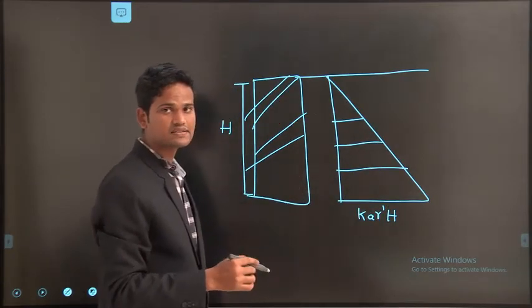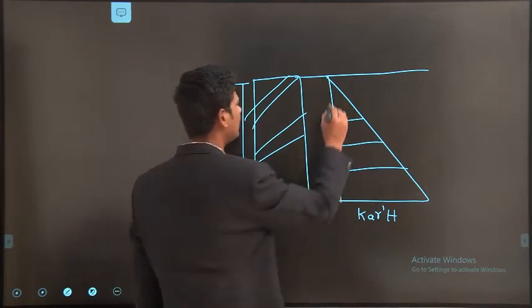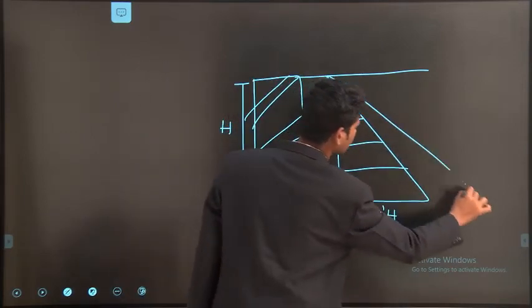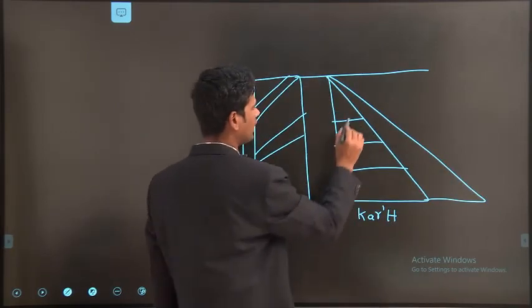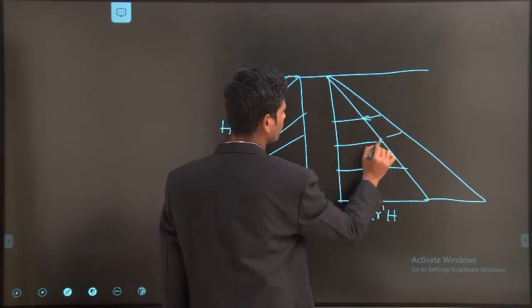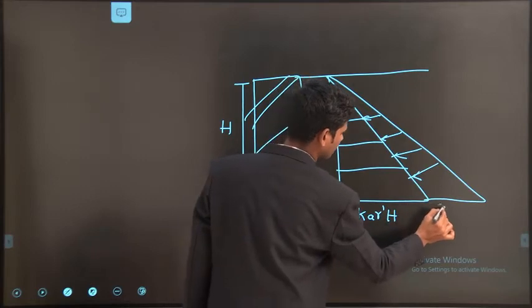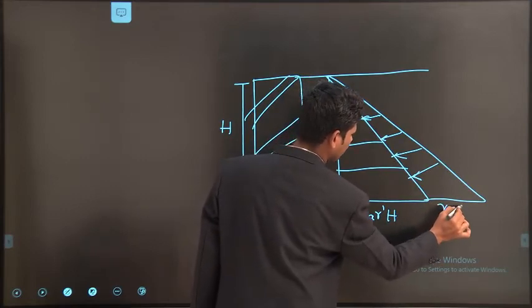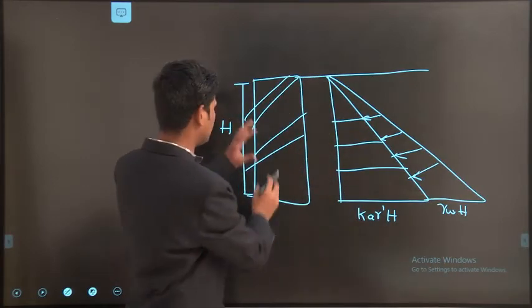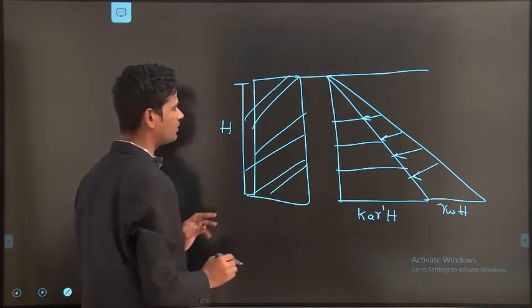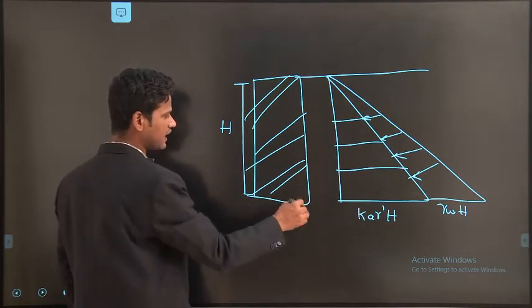As well as, the presence of water in the soil again creates some pore water pressure on the wall. For this pore water pressure, the horizontal pressure will be gamma W into h. For the entire retaining wall, we have to calculate how much horizontal pressure is acting at the base of the wall.